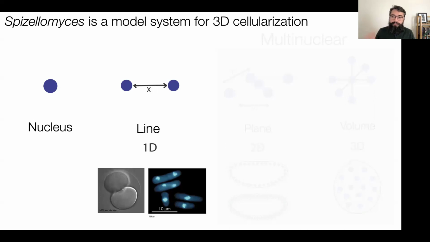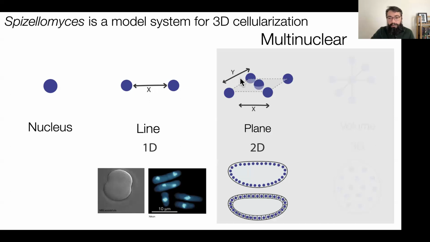Now, the three-dimensional nature of this process is important because we know a lot about conventional cellularization. This is conventional cytokinesis, in which the two daughter nuclei of a cell are aligned in a single line. We know a lot from animal model systems and budding and fission yeast. So you have a 1D organization of the nuclei, a single line.